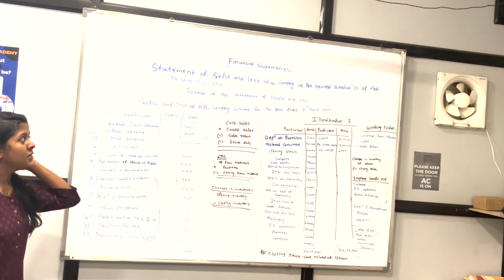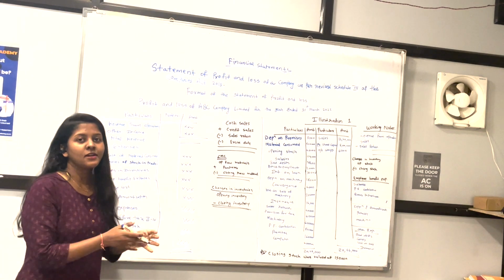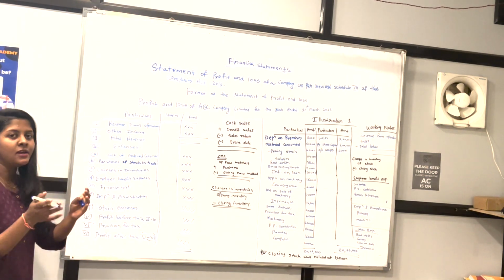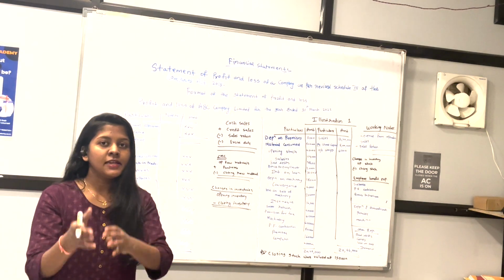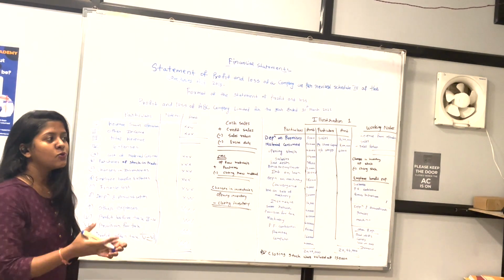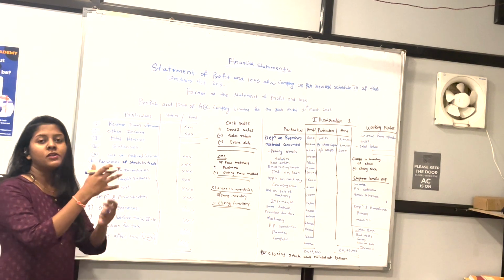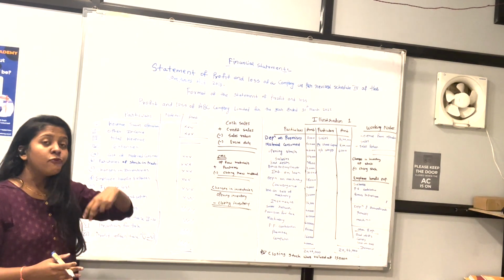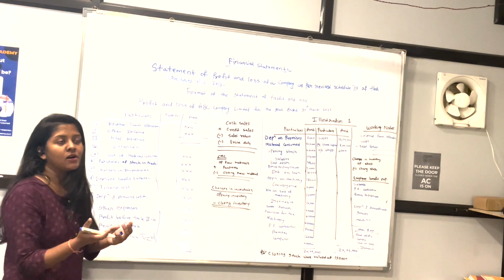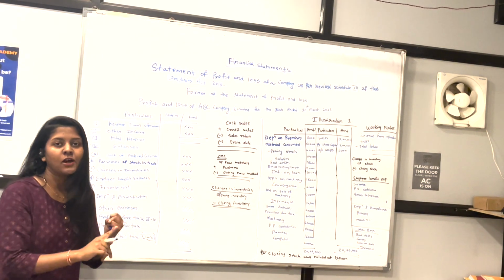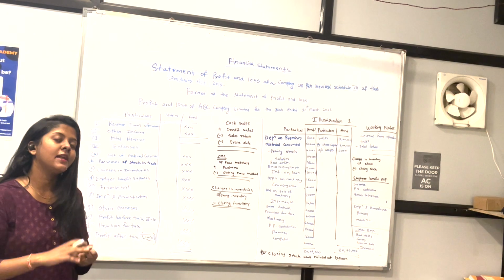In 11th standard we used to prepare a profit and loss account with expenditure and income sides. On the expenditure side we wrote all the expenses, and before that we prepared the trading account first, then the profit and loss account, and then the balance sheet.